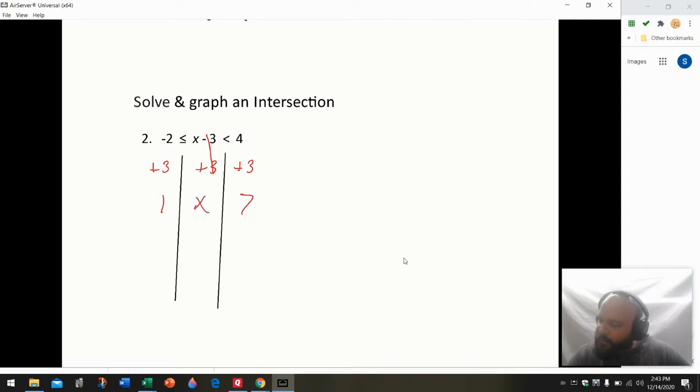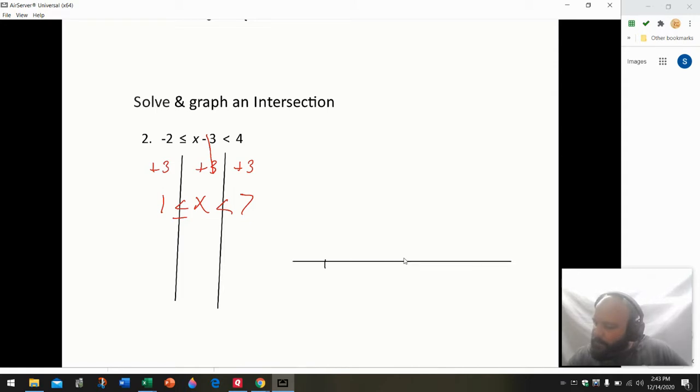Notice we still have this x in the middle. The last thing to do is to drop our signs down. And you can see this says 1 is less than or equal to x, but then x is less than 7. So to graph this, we're going to draw a straight line.